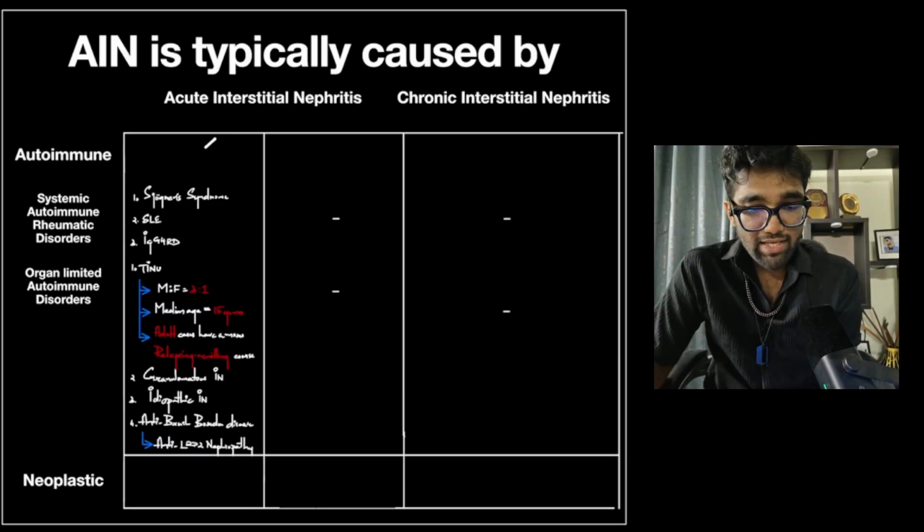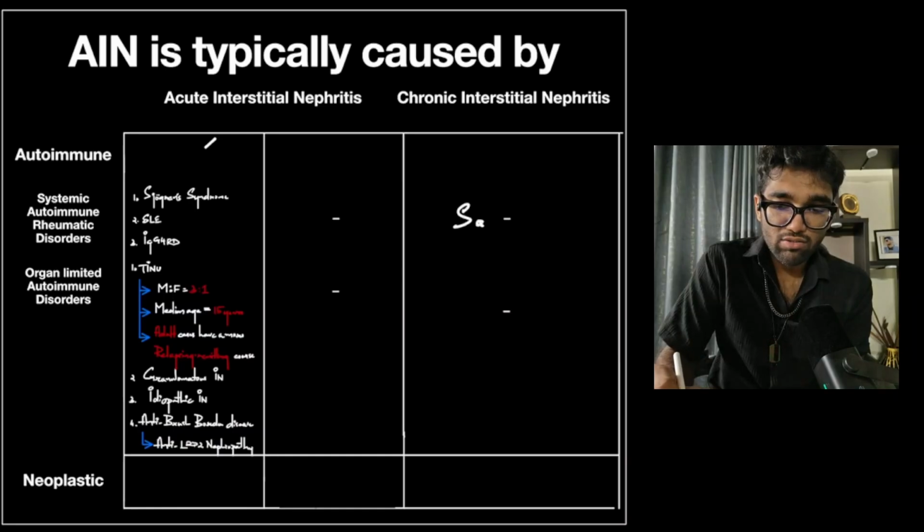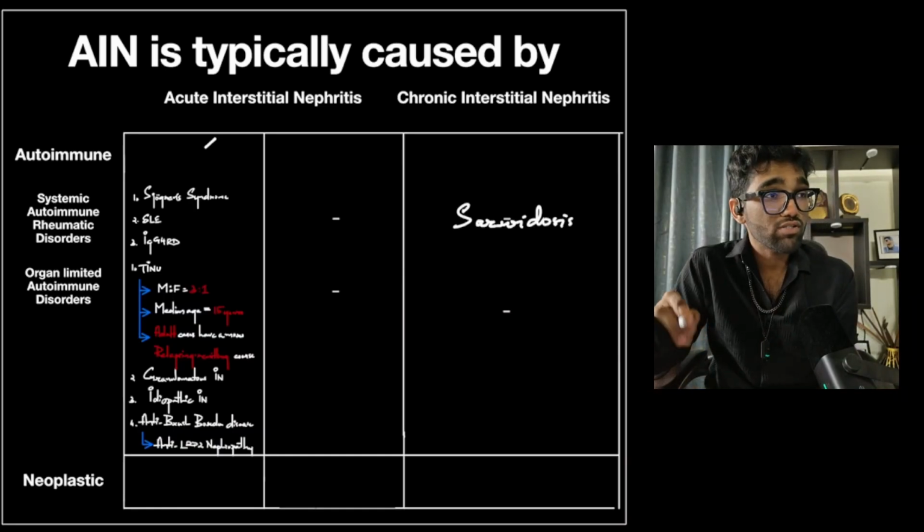Now, in case of chronic interstitial nephritis, sarcoidosis technically can cause chronic interstitial nephritis, but actually, sarcoidosis primarily causes nephrocalcinosis.